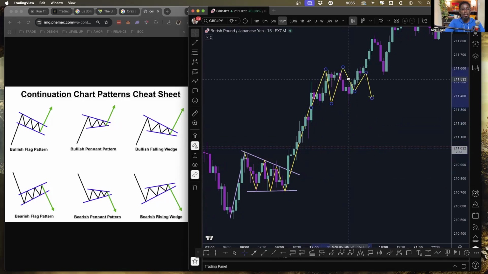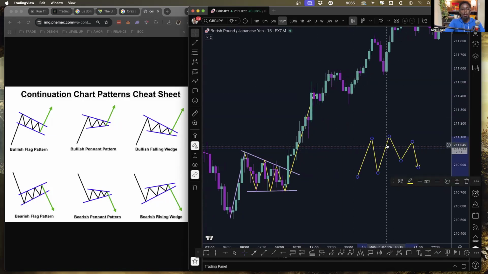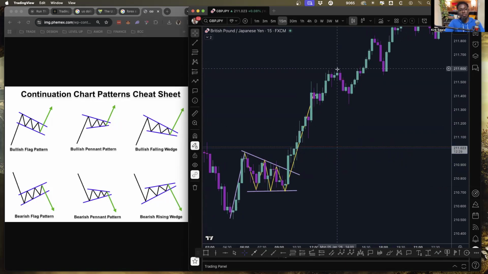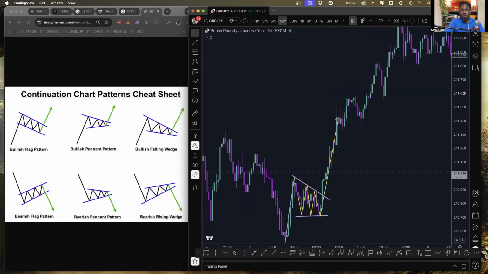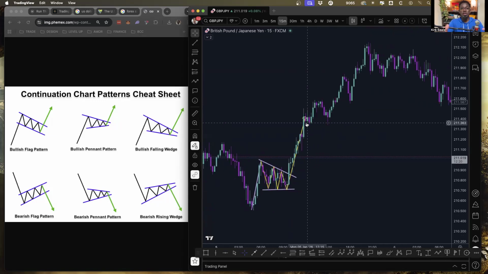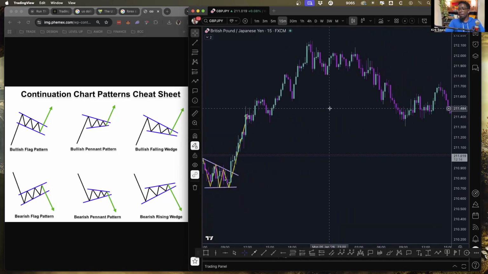There's not much information here for me to do that. So on this time frame, I wouldn't consider this as a flag. It is a flag, but just on this time frame, for us trying to get a better understanding, you want to see more of this price action happening.